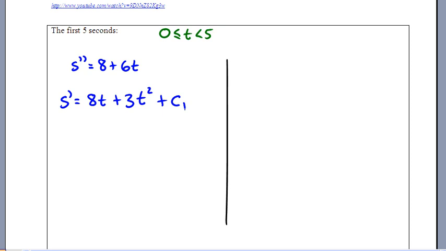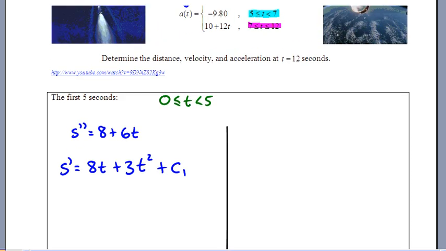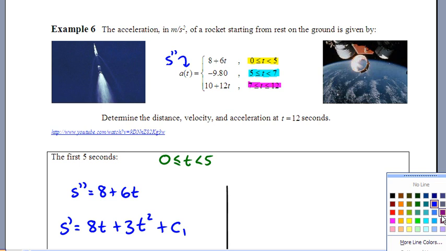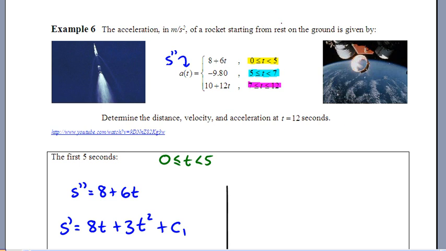Now, they said in the question that it starts from rest and it starts on the ground, right? That was mentioned way back up here. So those are some nice initial values that we can use. If you start from rest, then s prime is equal to 0, and you start on the ground, so s is equal to 0.